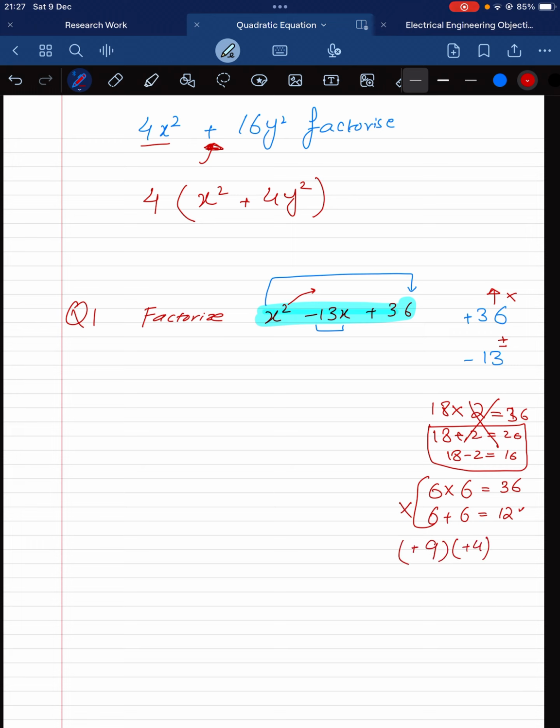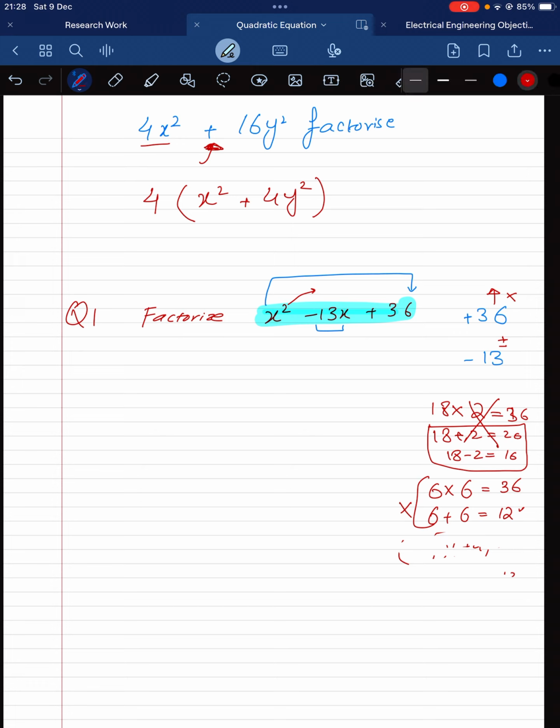You also need to think about the signs as well. So plus 9 and plus 4 will give you 36, and if you add them, you will get 13. But in the question you can see that we need minus 13. So we can take minus 9 and minus 4, and this will still give you plus 36.